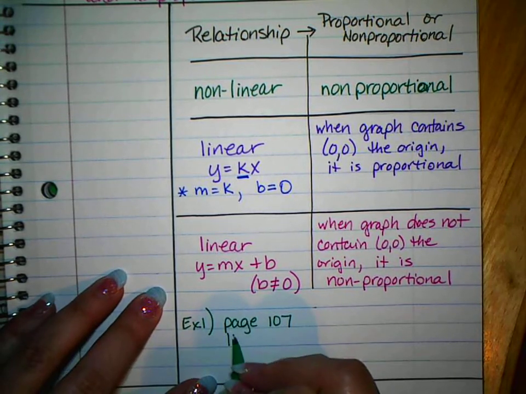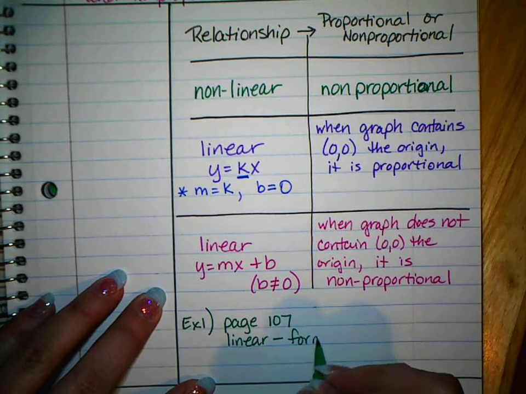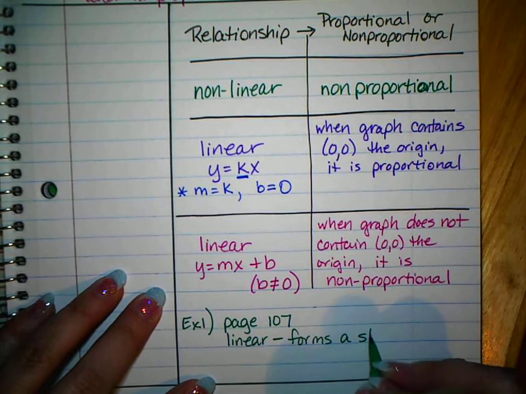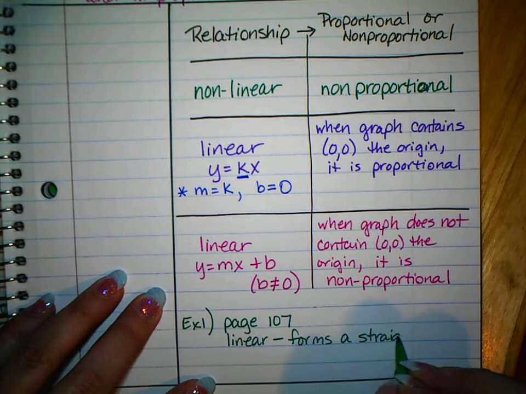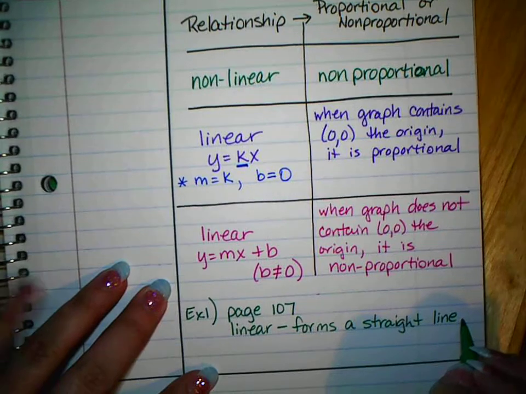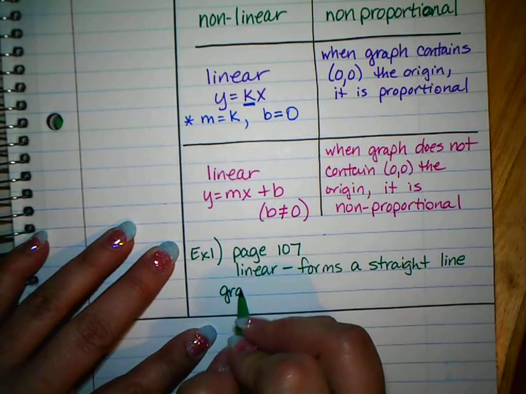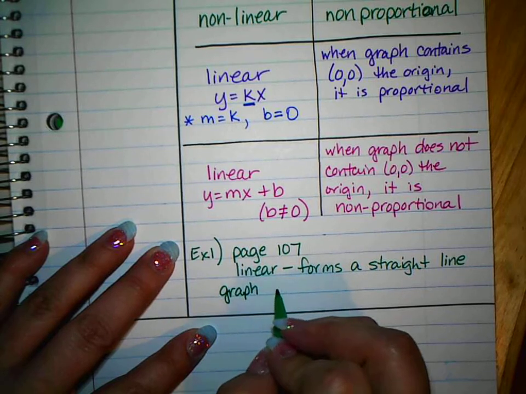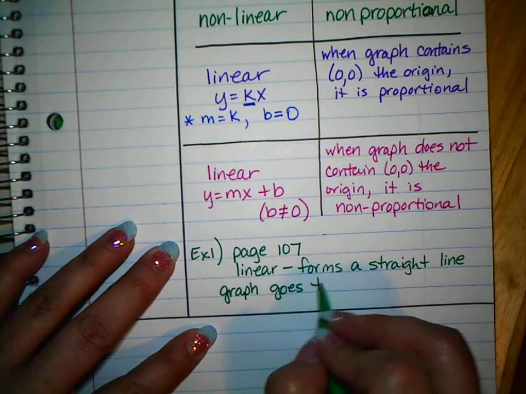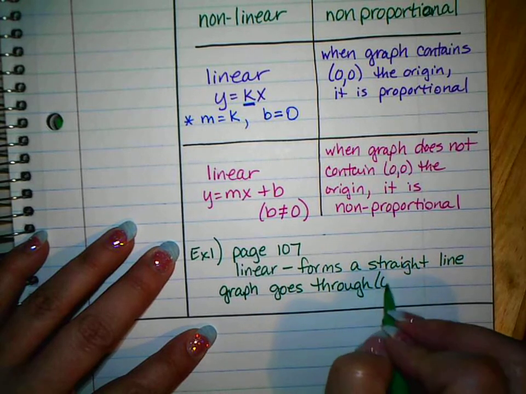And it's linear because it forms a straight line, and the graph goes through (0, 0).